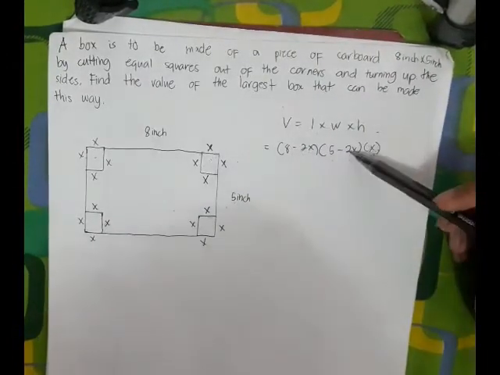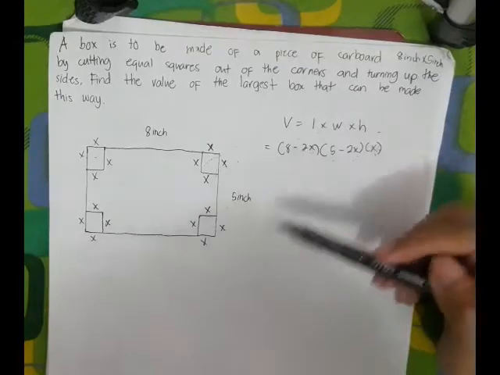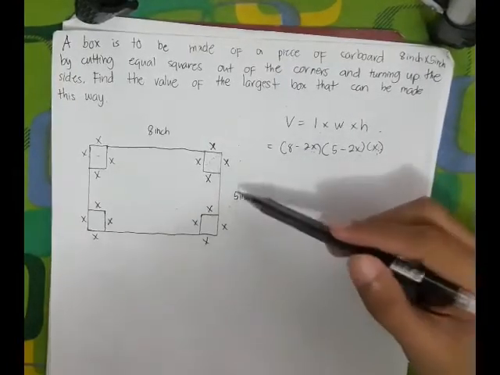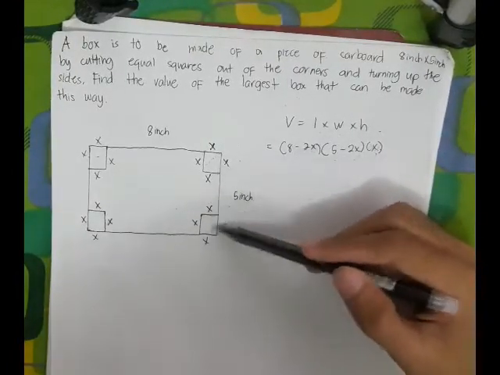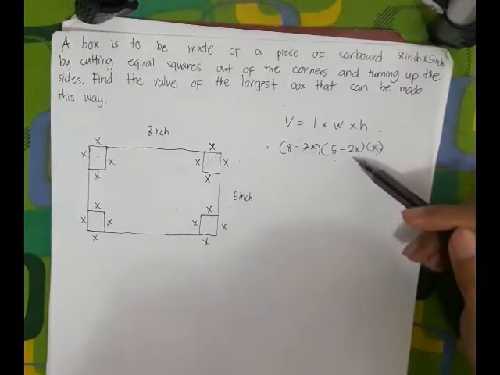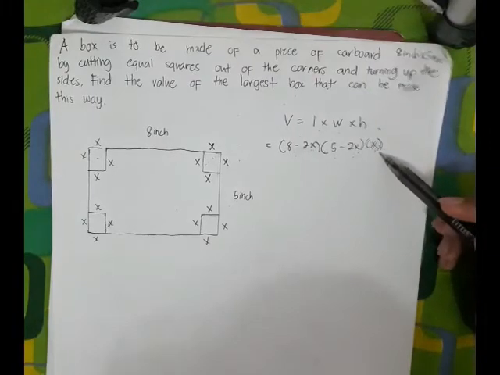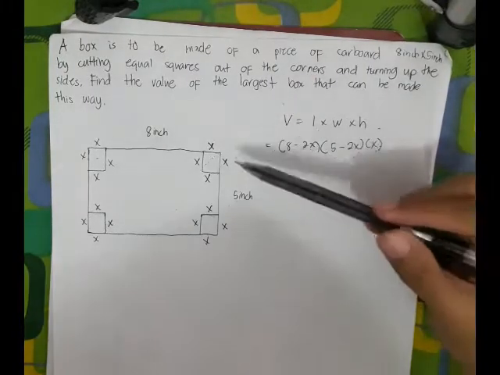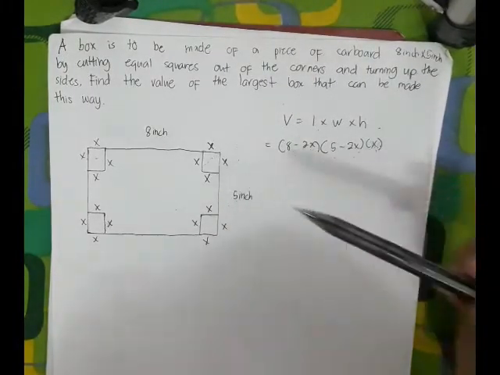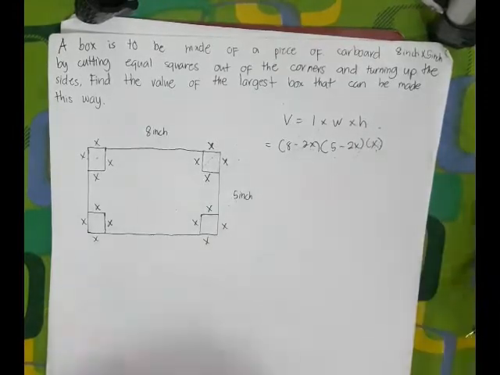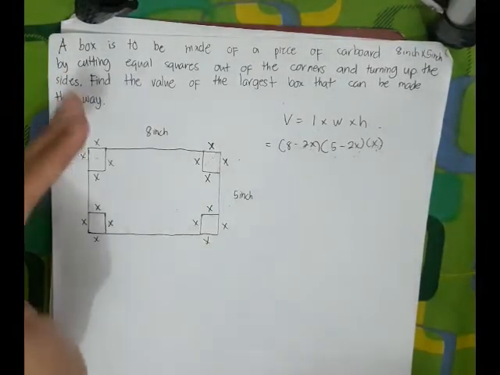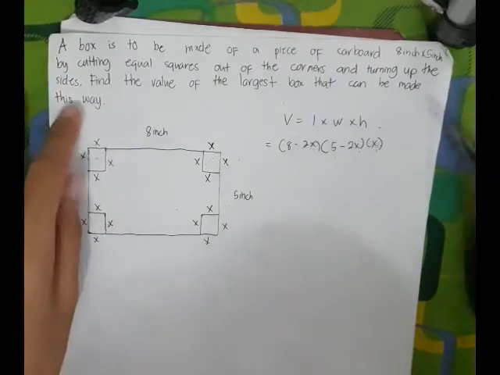And the width of the cardboard is 5 inch minus the cut equal squares in the corner, so 5 minus 2x. The height will be x, because the size of the cut squares, as we flip it, will be the height of the box.